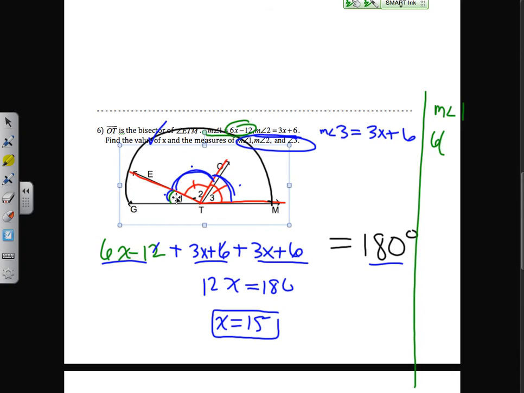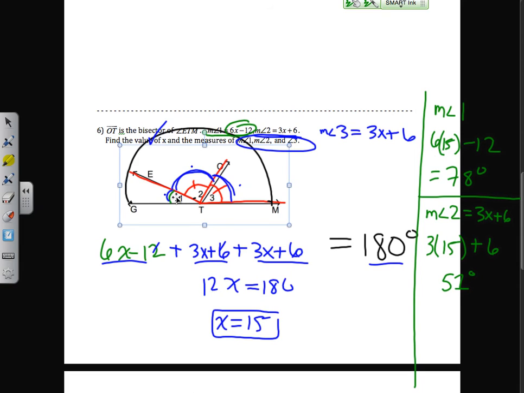So 6x is 15 minus 12, and that is 78 degrees. Cool. Measure of angle 2. Usually 3x plus 6 if I input 15. So 45 plus 6, that's 51 degrees.